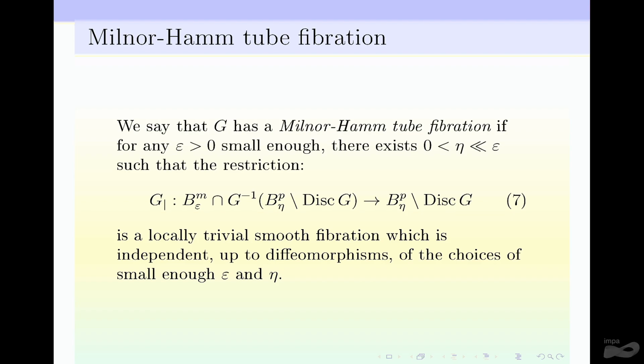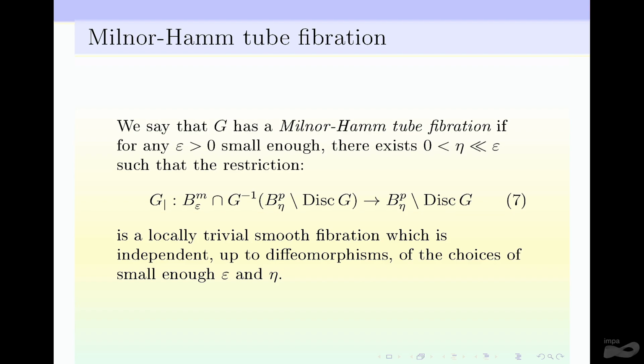Okay? I mean, it doesn't matter if you shrink epsilon and also eta satisfying such a condition, you still have a fibration and everything is diffeomorphic. That's the point. The diffeomorphism type of such a fibration does not depend on the choice of these parameters.